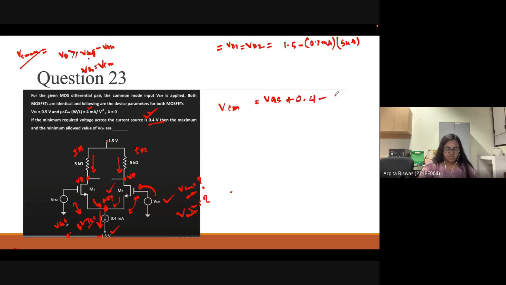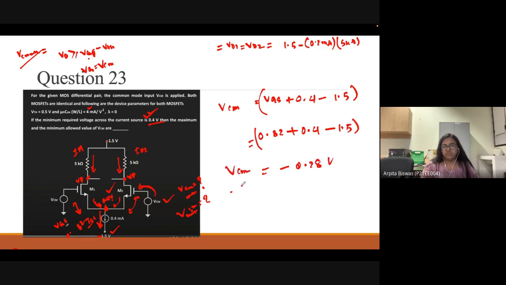VGS is 0.82, then plus 0.4, then minus 1.5. So the value is minus 0.28 volt. So this is the VCM minimum value.